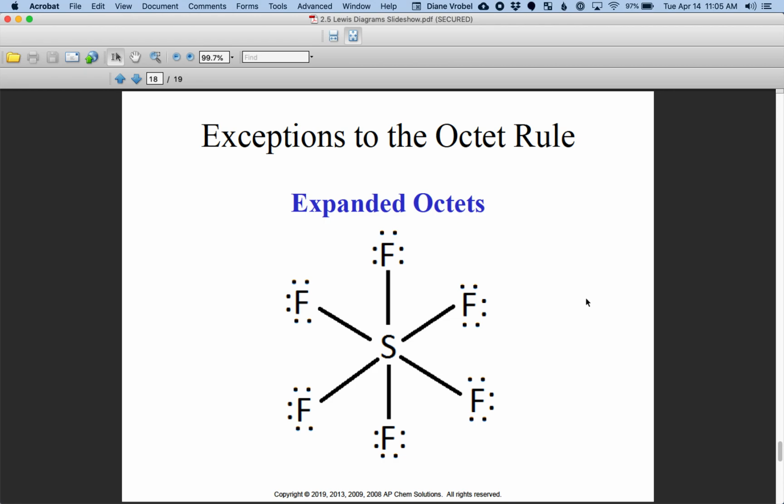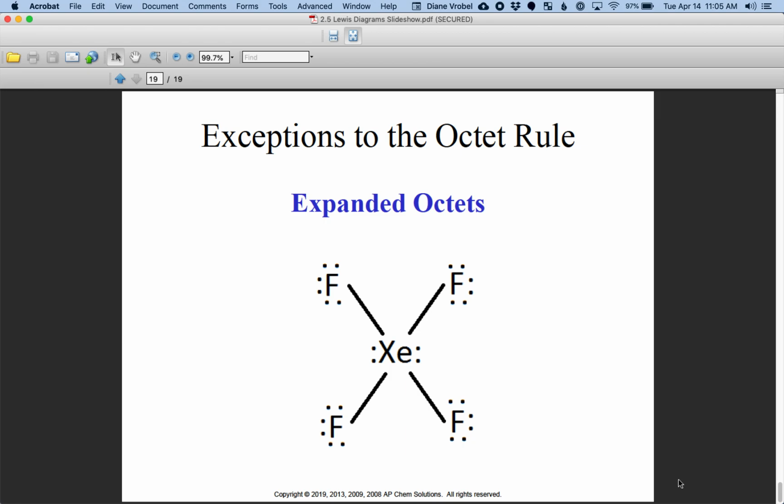Okay, here we have sulfur, and sulfur, once again, is one of those atoms that is in the third energy level. It has access to d orbitals, so as a result, it is okay with having an expanded octet. Xenon, which is atomic number 54.